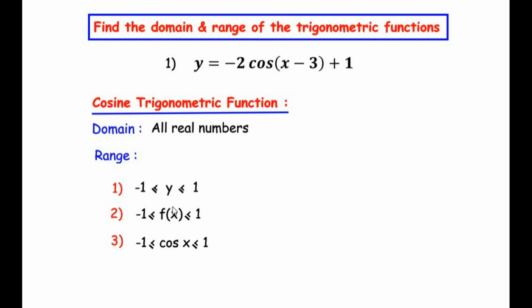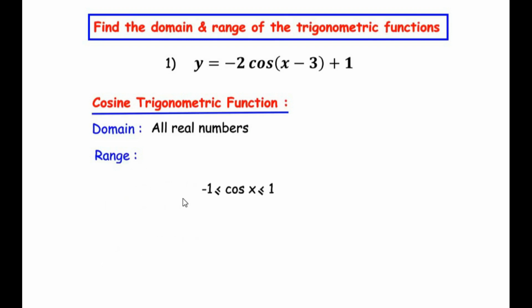So in place of y, we have just put f(x). And the third way of representing it is -1 ≤ cos x ≤ 1. Now for these kind of questions, the last representation is easier to use and solve the example. So let me use the third representation.